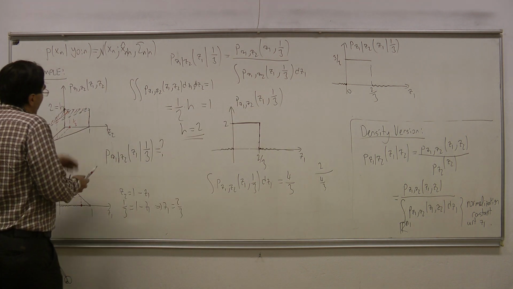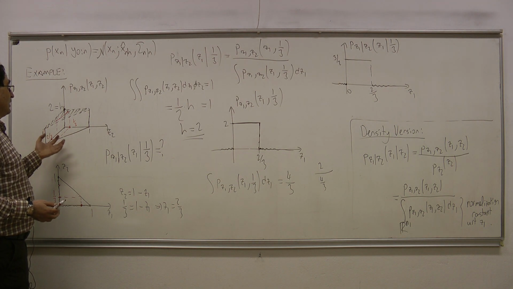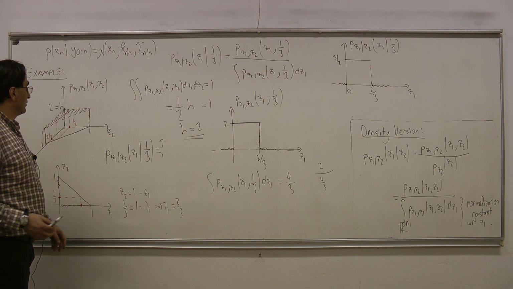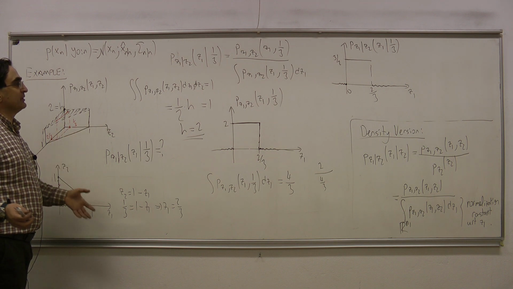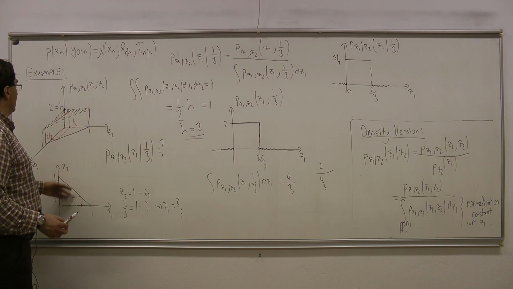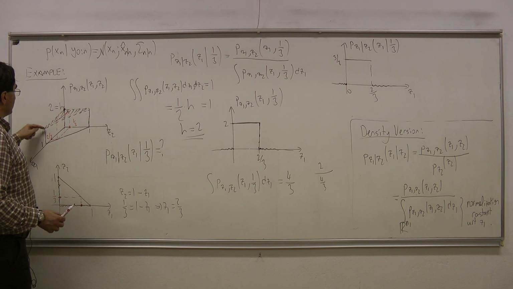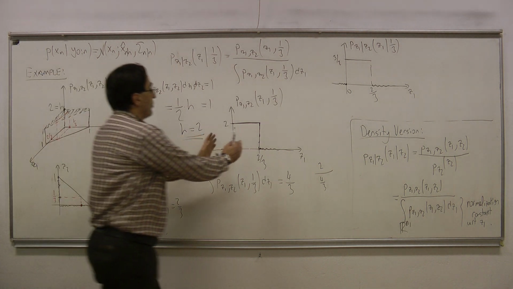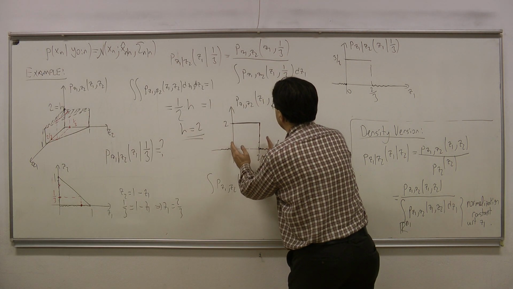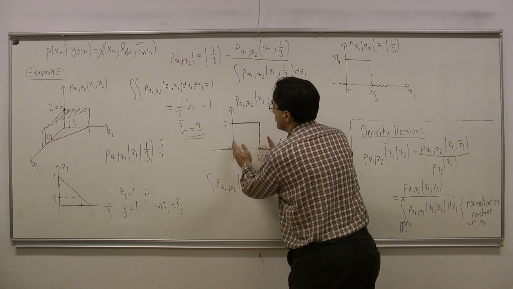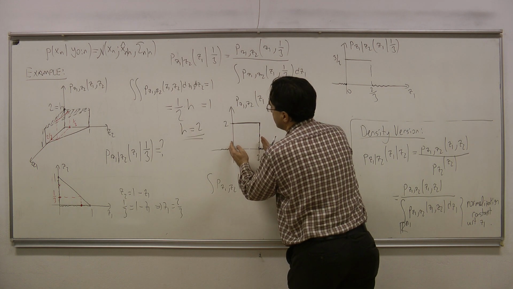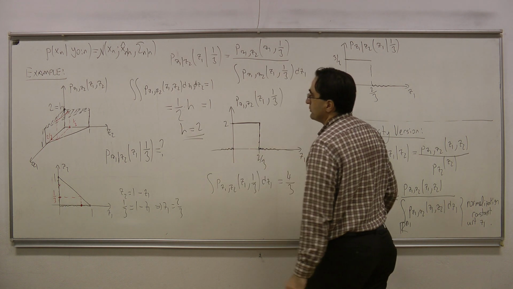So what would happen if I had chosen other Z2 values? For example, what if Z2 was equal to 0? In that case, I would look at this cross-section. The support of this distribution would be enlarged when Z2 is smaller than 1 over 3.